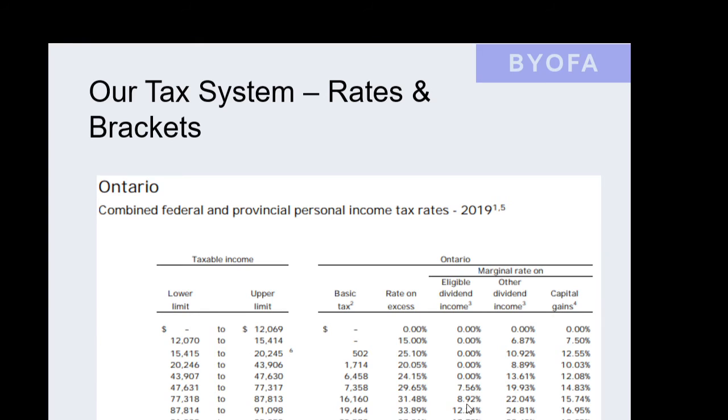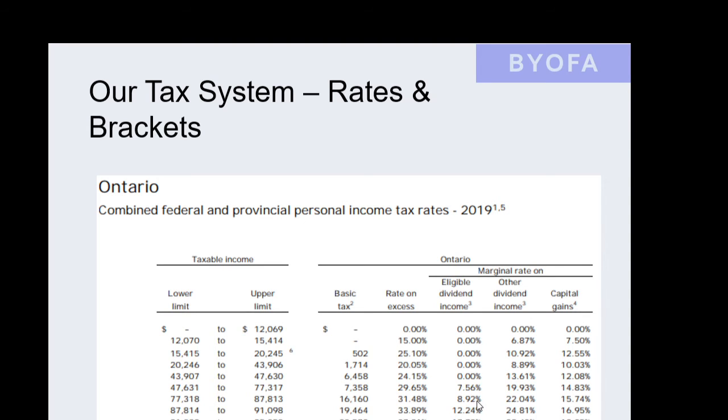If I get a dividend from a Canadian corporation, that is my rate on that dividend. If I get $1,000 of dividend from a Canadian corporation, I pay 7.56%, so I would pay $75.60. Well, look at the difference.